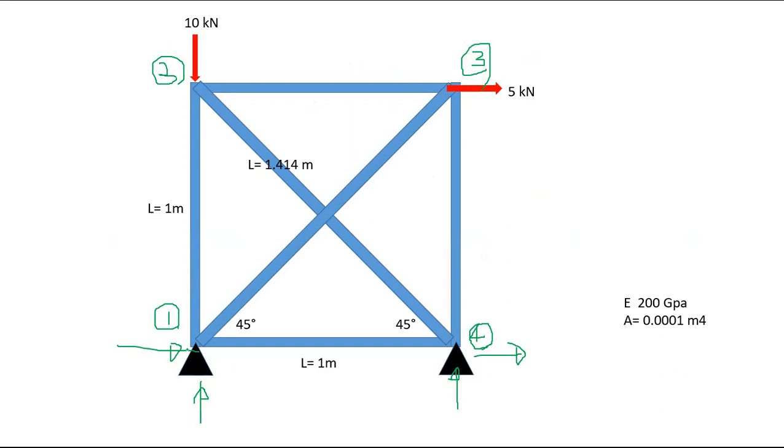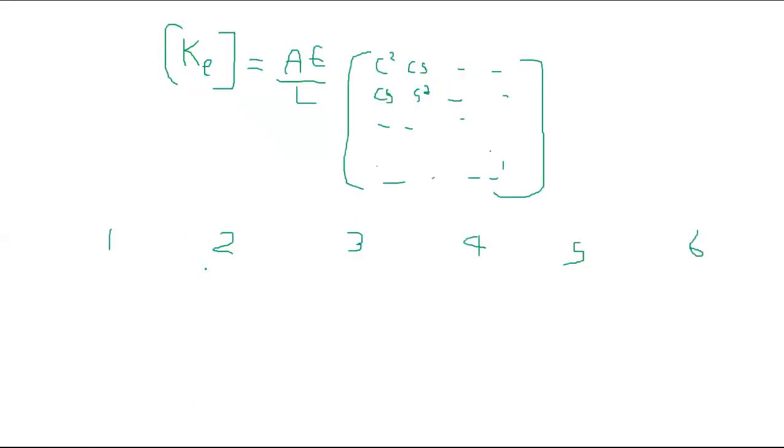So I can take the first element going from the first node to the second, not from the second node to the first, because then its x direction is like this, and this will be your angle. It's not like that. Always go from the positive x direction, which is this. So this is 90. First node to second node, the element is defined. First to second.